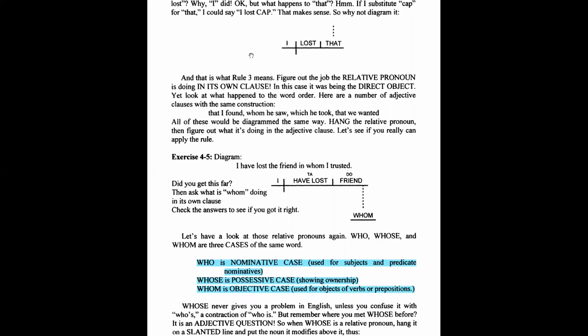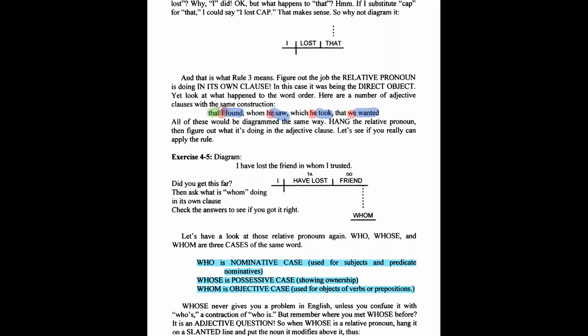I is the subject, found is the verb, that is the direct object, right? Look for the subjects. I found. Whom he saw, which he took, that we wanted. These are the subjects. These are the verbs. I found, he saw, he took, we wanted. And then all of the relative pronouns here are actually direct objects.